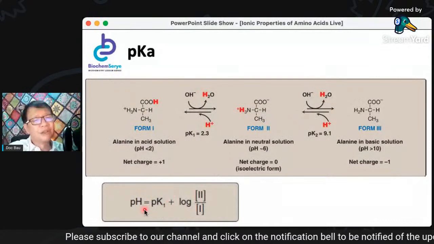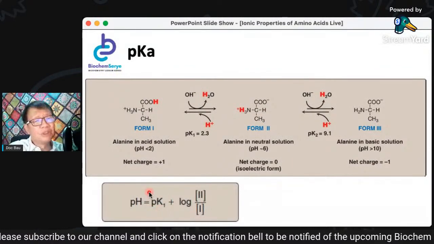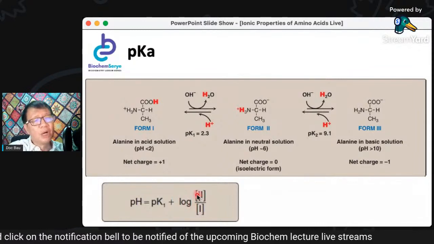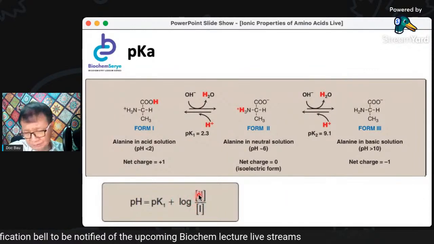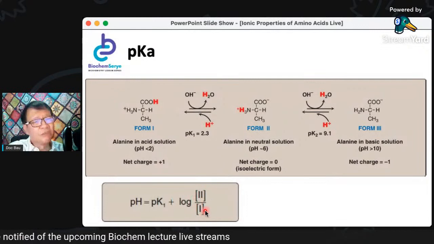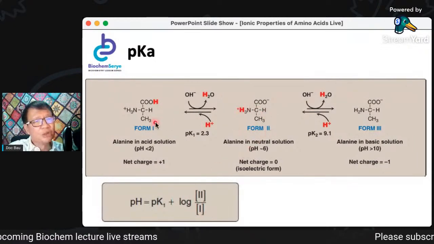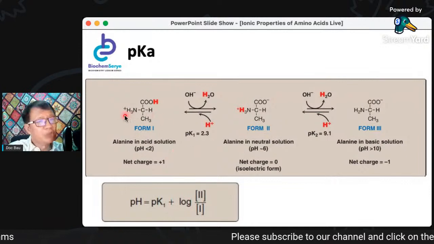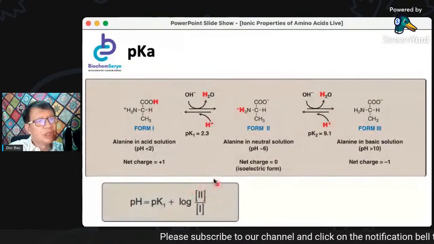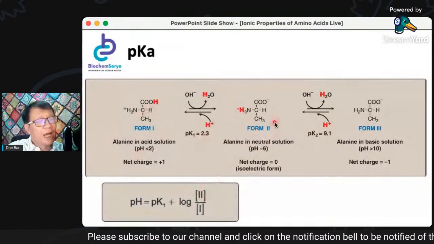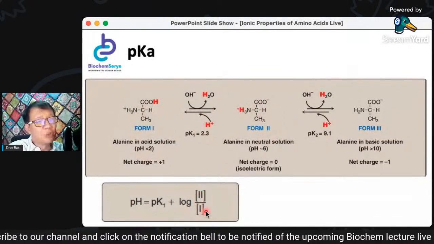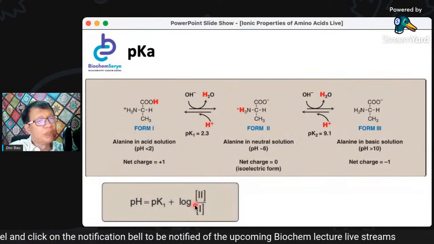So you know that you have this formula: pH equals pK of the functional group plus log of your conjugate base over the acid. What happens is when you reach a point wherein you have equal concentration of your cation and zwitterion, for example, this one and this is 1, the log of 1 is 0.